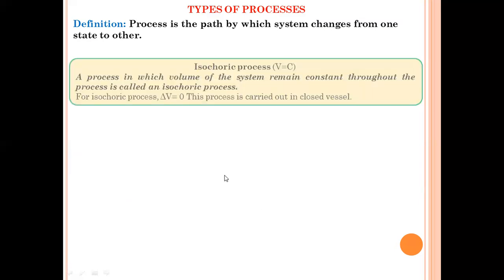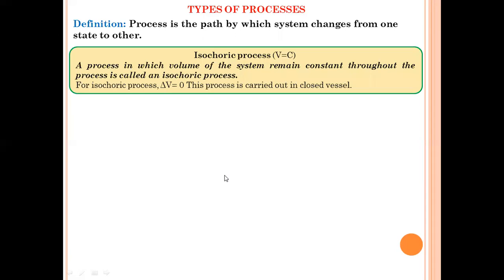The first one is the isochoric process, also called the constant volume process. A process in which the volume of the system remains constant is called the constant volume process. For an isochoric process, the change in volume during the process is equal to 0, and this process is carried out in a closed vessel.